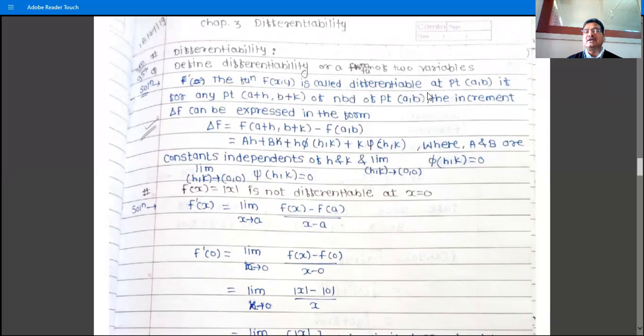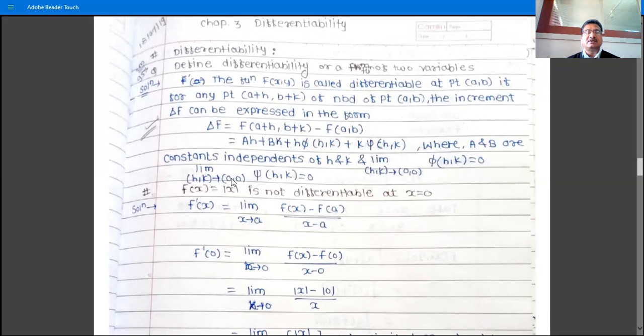The function f(x,y) is said to be differentiable at the point (a,b) if for any point (a+h, b+k) in the neighborhood of (a,b), that is, the set of all nearest points of (a,b), the increment Δf, which is f(a+h, b+k) minus f(a,b), can be expressed in the form Ah plus Bk plus hφ(h,k) plus kψ(h,k). Here φ and ψ are functions of h and k, and the limit of φ(h,k) as (h,k) tends to (0,0) is 0, and the limit of ψ(h,k) as (h,k) tends to (0,0) is 0.